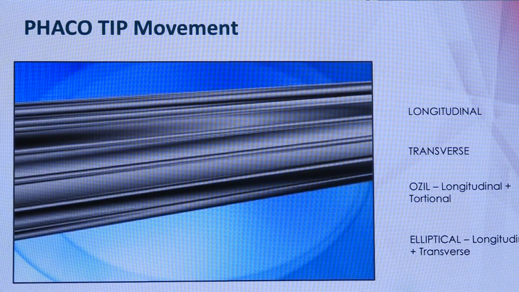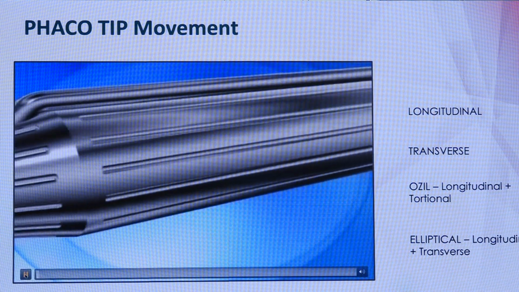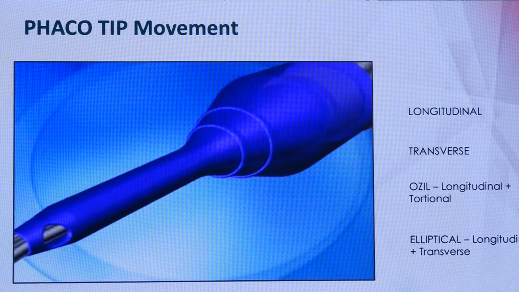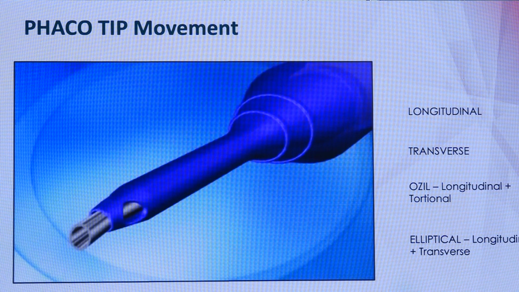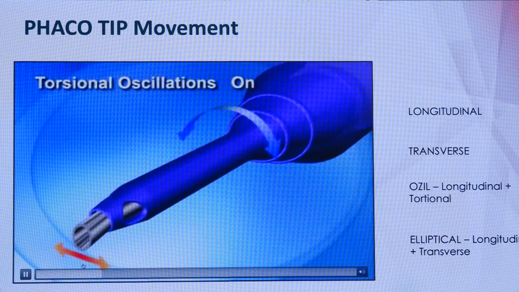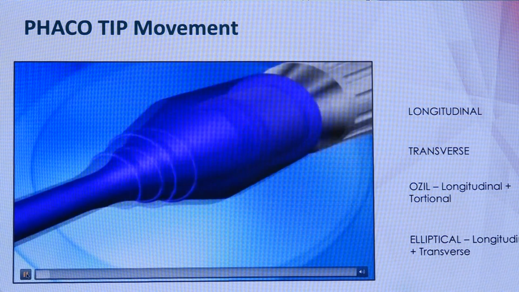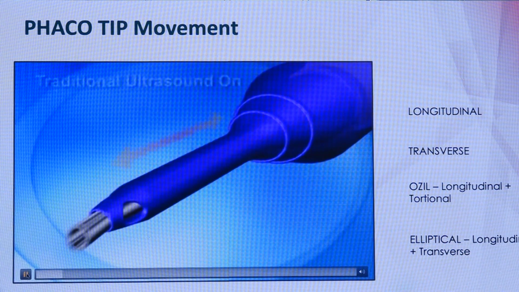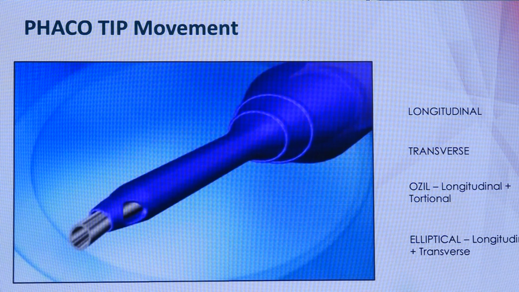This is the Phaco tip oscillations, the movement of the Phaco tip. So this is the traditional, the longitudinal Phaco motion which used to come in the initial systems, which goes, I'll show it again. The traditional longitudinal motion goes forward and backwards, the jack and hammer pattern.